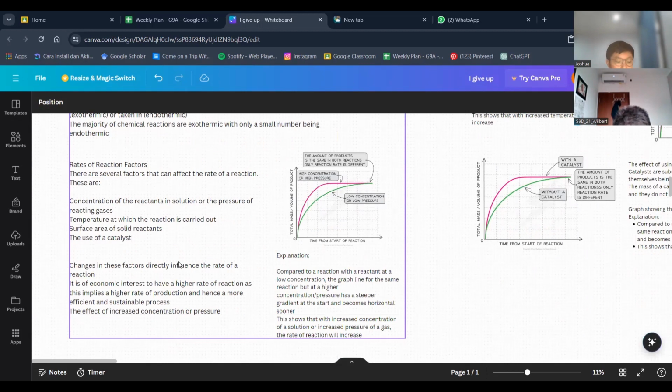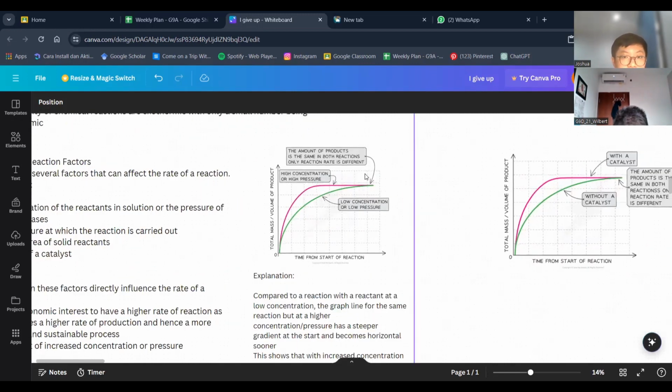So for the factors that affect these, first there is the concentration of reactants or solutions and the pressure of reacting gases. As you can see on the side, I have a graph showing the amount of products in both reactions being the same, but the reaction rate is different.